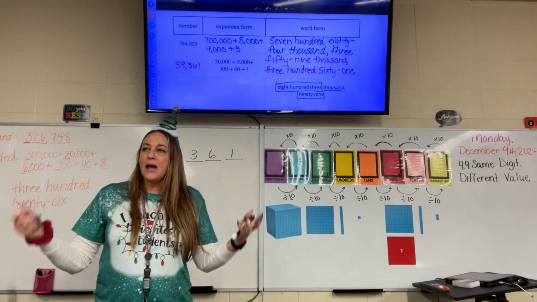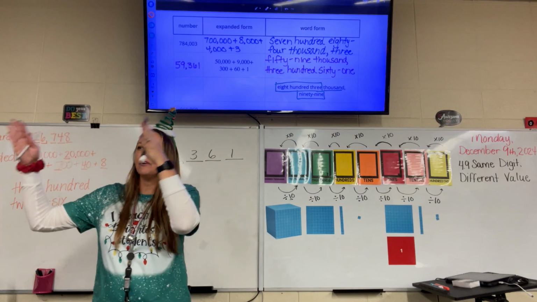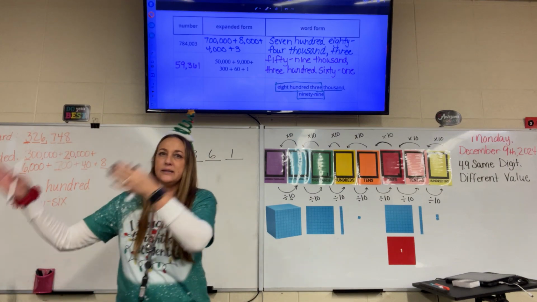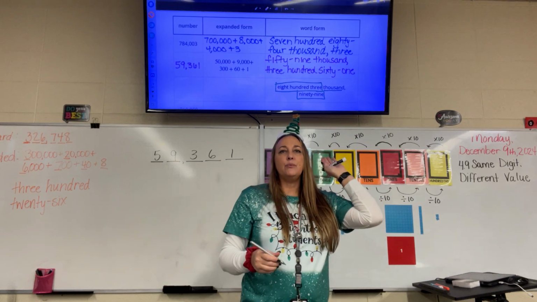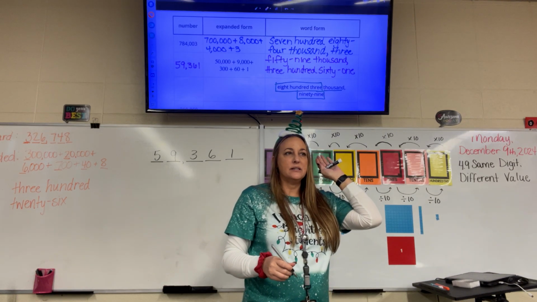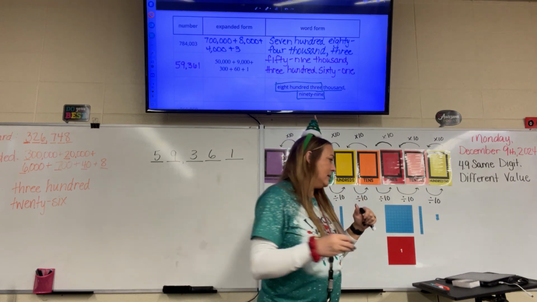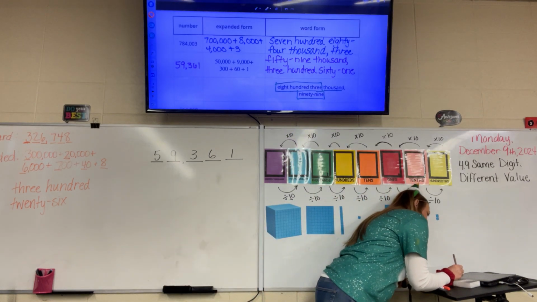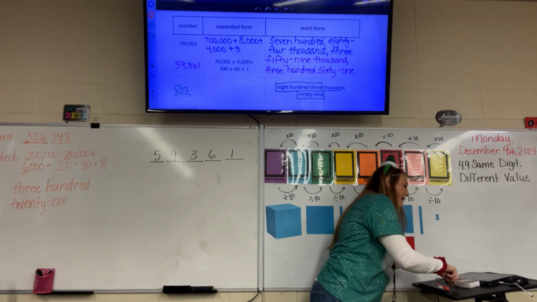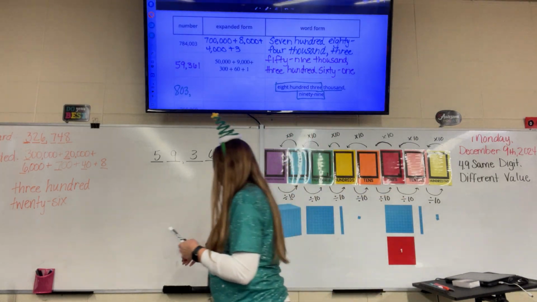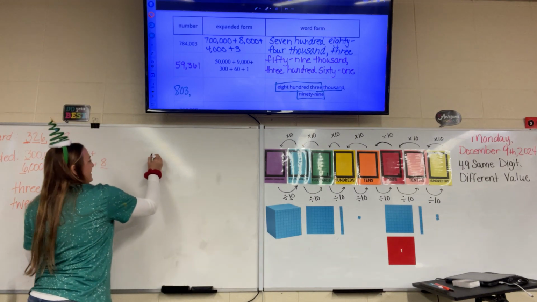So 803. How do we write the number 803? What do we write first, everybody? 803. And then what do we make for the word thousand? Comma. And then, so we've got 803,000. Now, this next part is tricky because it says 99.